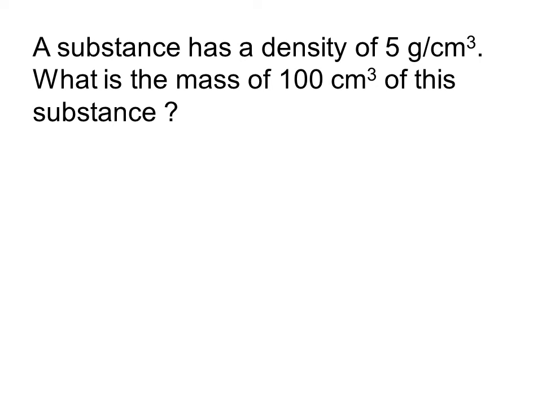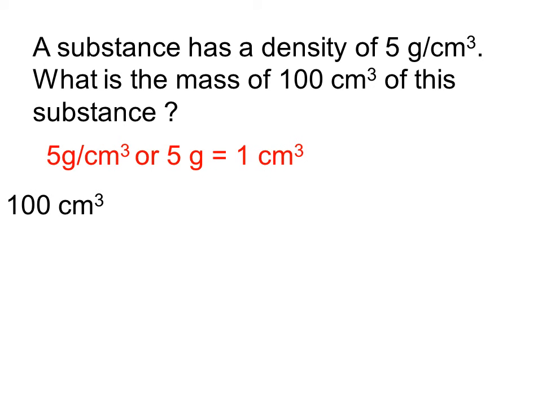I'm just going to solve a simple density problem using the factor label method and show you how it works. You start with what you're given in the problem. I know this is kind of hard to figure out the first time you see it, but you're actually converting 100 cubic centimeters into grams. That's a conversion that you're going to do, and you're going to use this to do it. So I start with my 100 cubic centimeters and I put my line in.